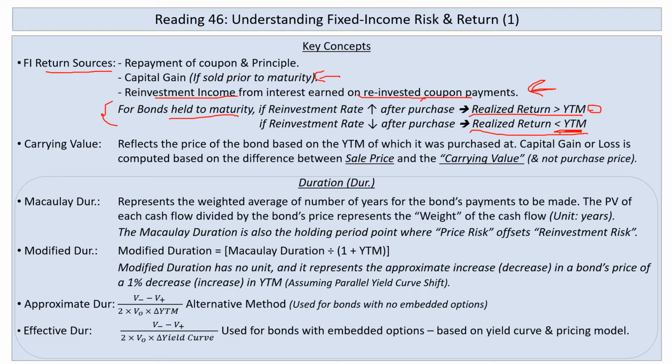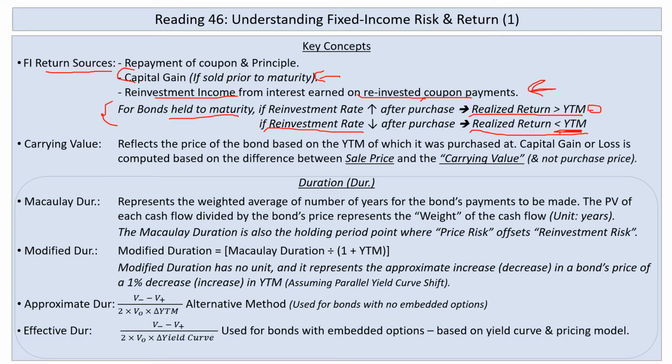However, if the bond is sold prior to its maturity, this decrease in reinvestment rate, or decrease in the prevailing YTM, would generate a capital gain. So there is some sort of offsetting effect between capital gains and reinvestment income. As we will see in the next slide, if the bond is sold prior to the Macaulay duration point, then decreases in YTM would generate a capital gain.